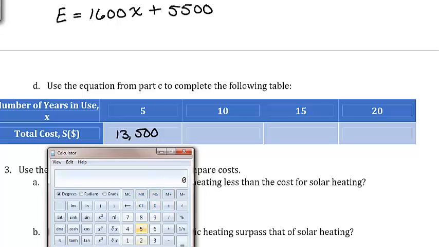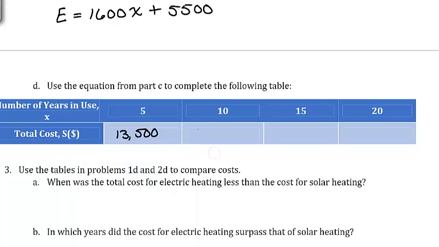So we're going to take our yearly cost, $1,600, multiply that by 10. That gives us 16,000, and then add on to that the installation cost of 5,500. And we get 21,500.